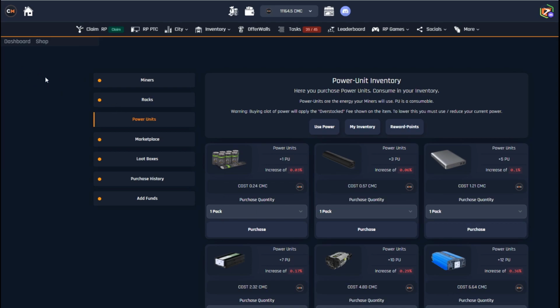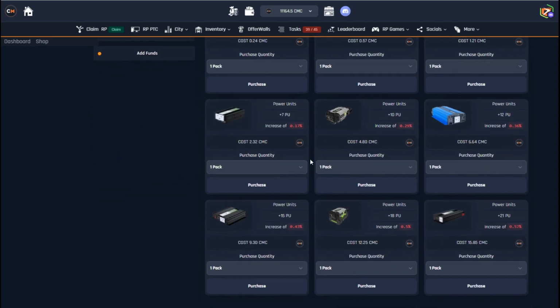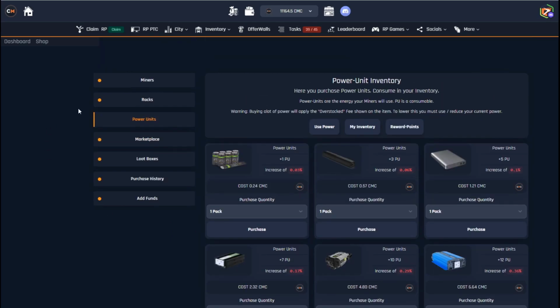It was a good reference, so you could figure out exactly how many power units you needed to completely fill that bar. Because that's not there now, you've either got to keep flicking back and forth to the dashboard, or you do what I do, and I just buy it. If I completely run out, I'll buy 5 of those, and then 5 of those. That usually tops me up.